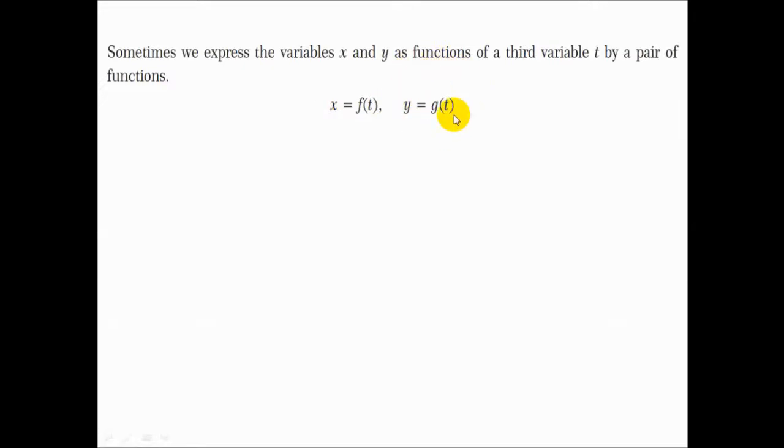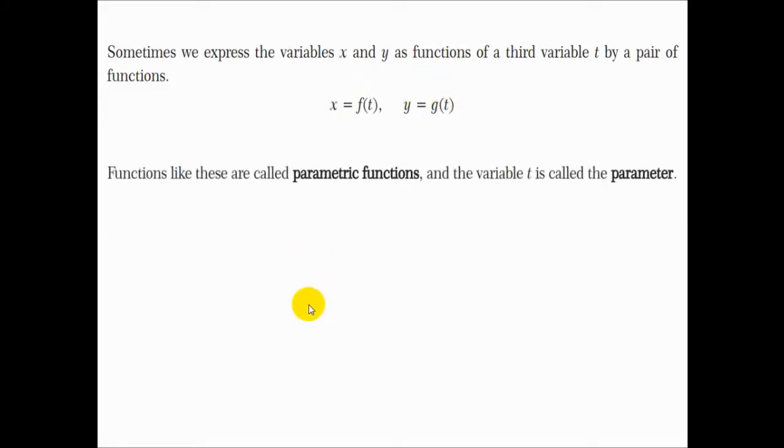So it has two functions for x and y, where f and g are functions of the variable t. Functions like this are called parametric functions, and the variable t is called the parameter.